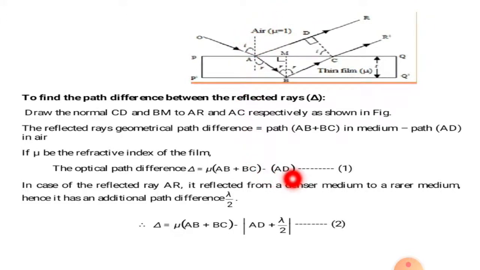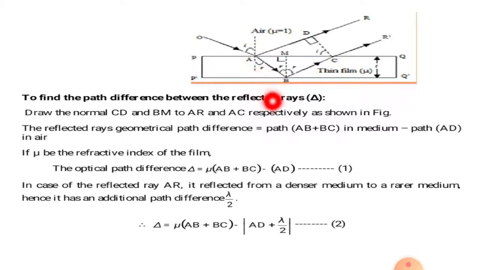But here, according to Stokes' law, since the first light ray is reflected at a rarer to denser interface, there exists a path change of lambda by 2.